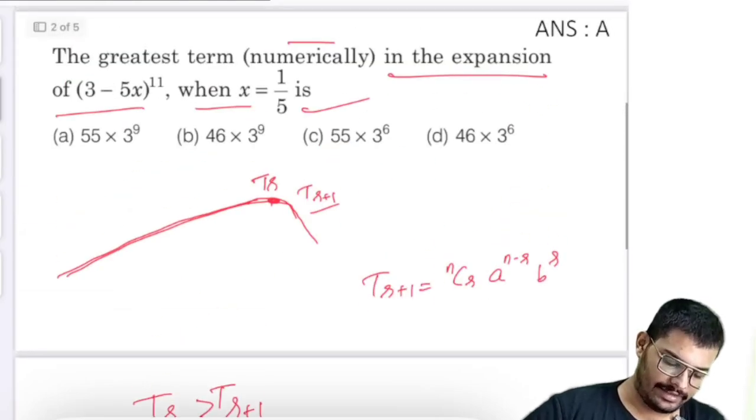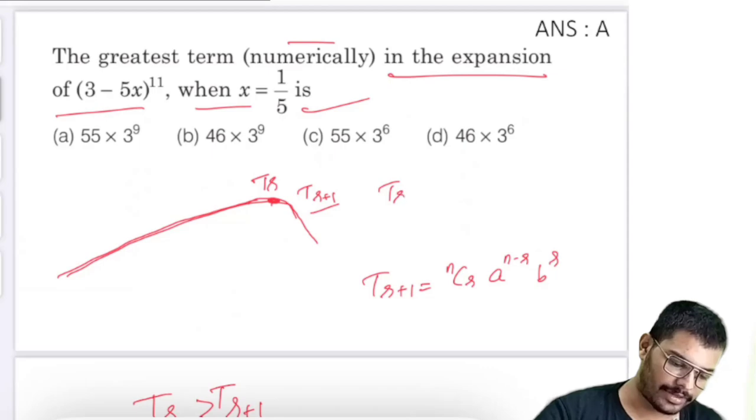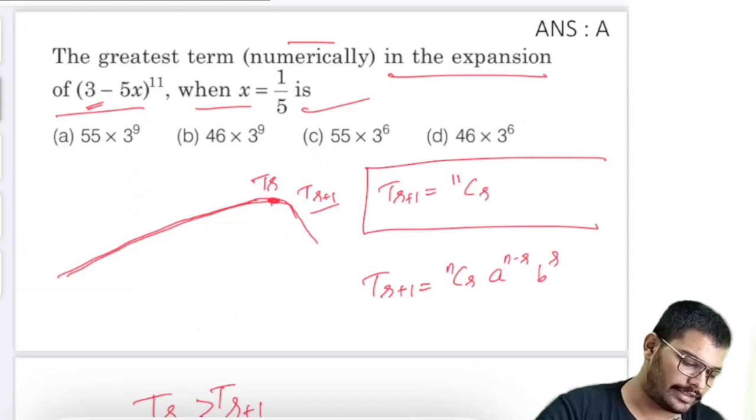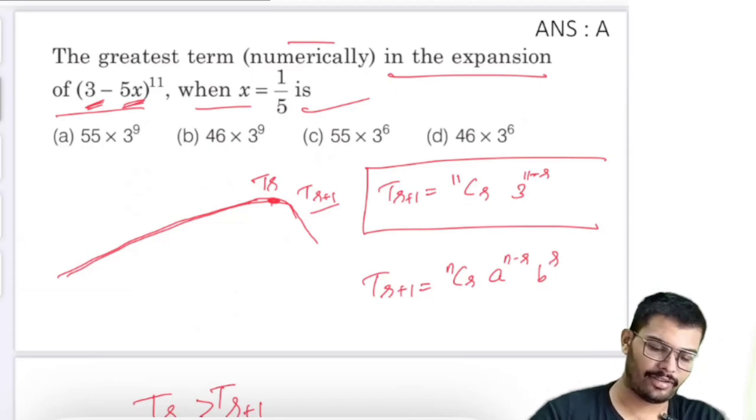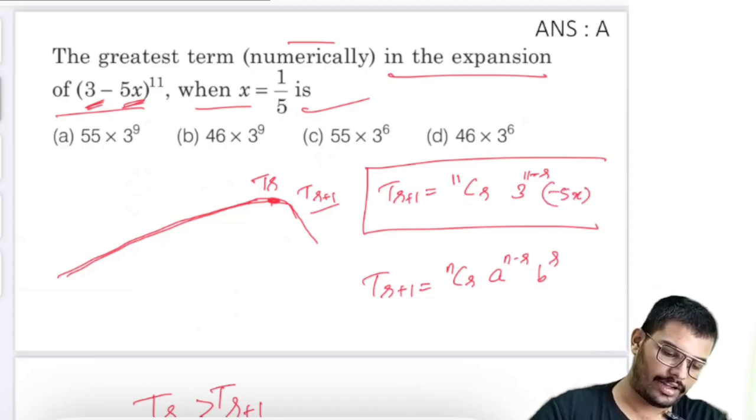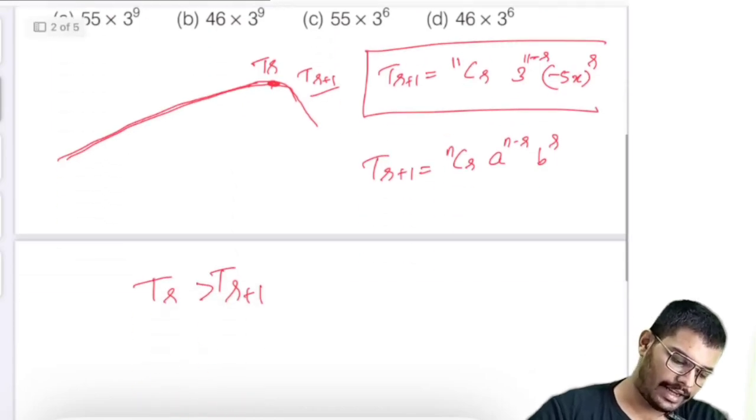In this case tr plus 1 is equal to 11cr, instead of a we have 3 raised to 11 minus r, then minus 5x the whole raised to r. Now we can form an inequality. What is the rth term?